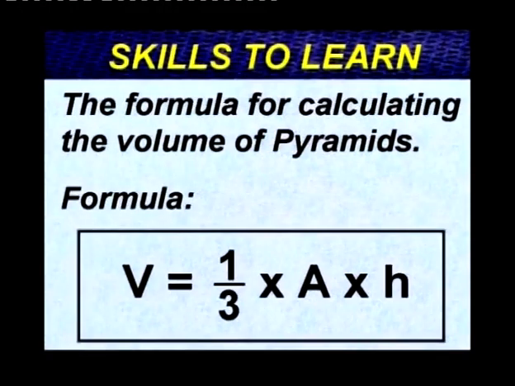For a pyramid, we have V equals 1/3 times A times height. That is the formula for calculating pyramids. So remember the formula, you might be confusing yourself. The formula for pyramid is on the screen.